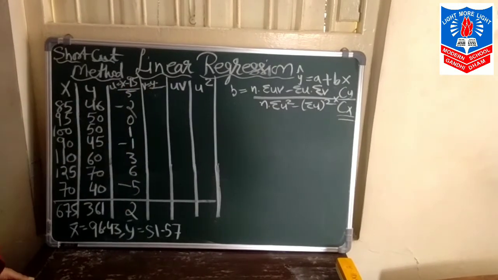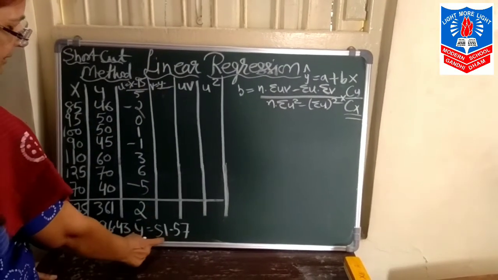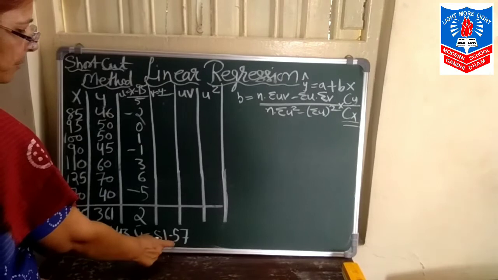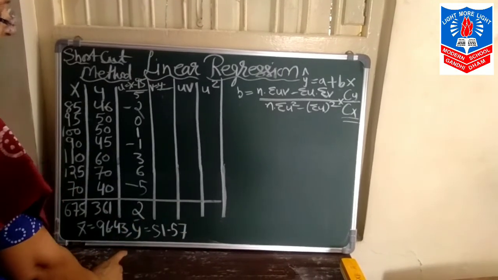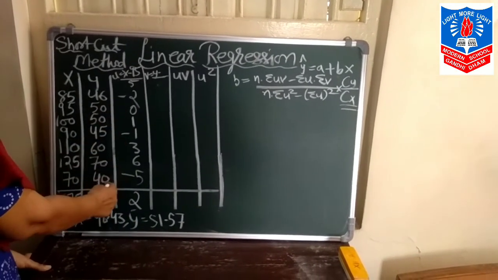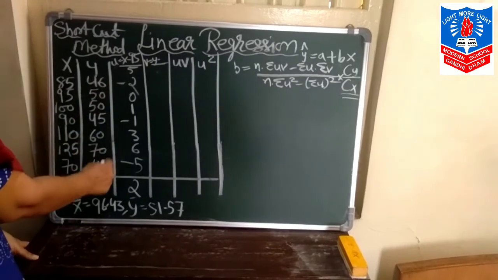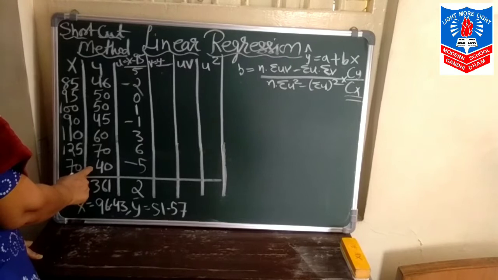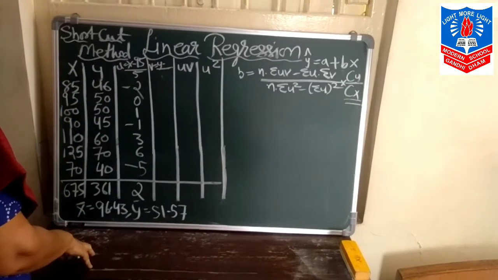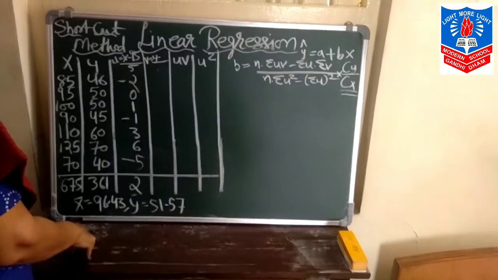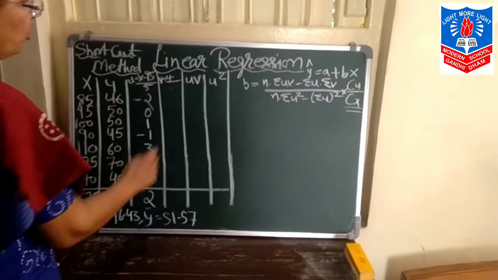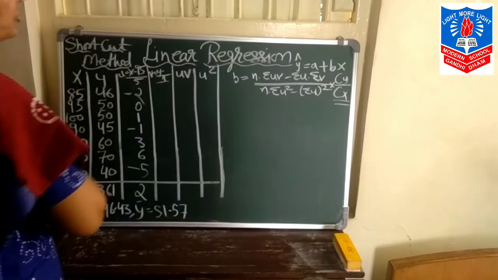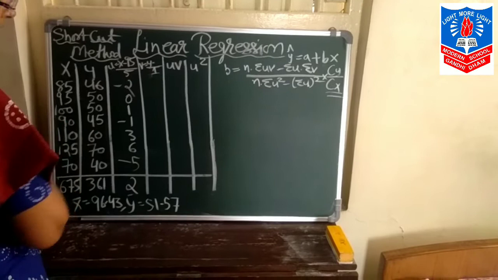Now come to v. Now here y bar is 51.57. You can see here, except the first value, the rest of the numbers are divisible by 5, but the first number is not divisible by 5. So in this case we don't take any common factor, so we write only 1.